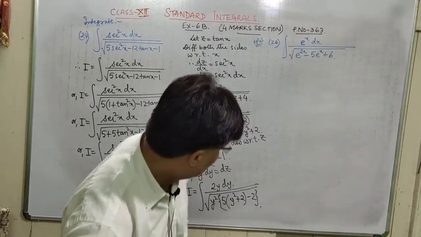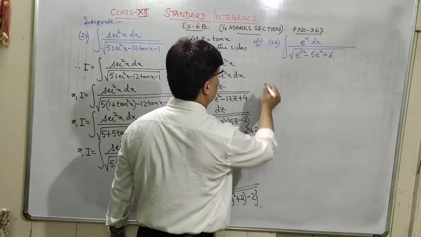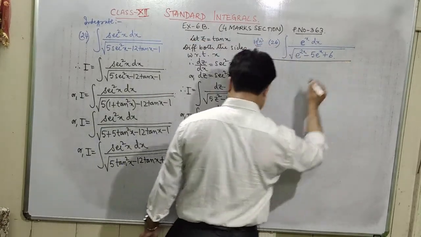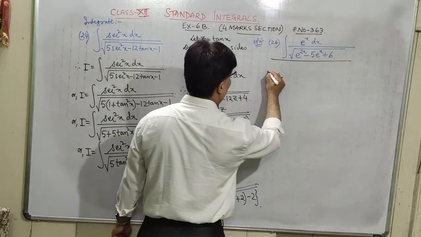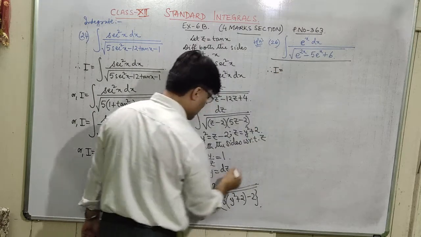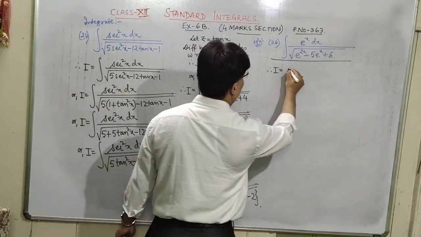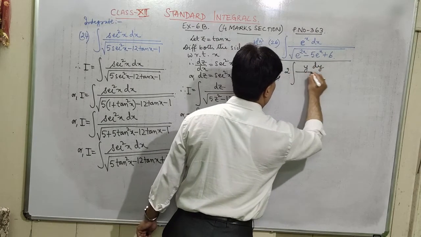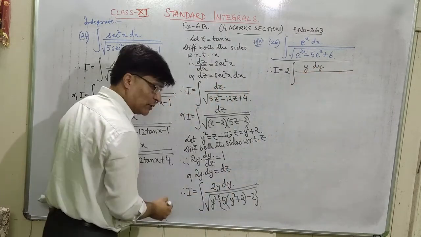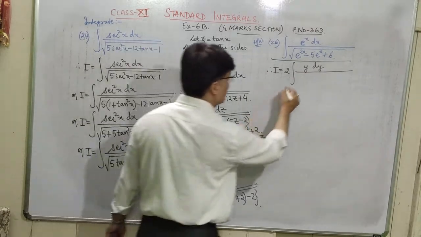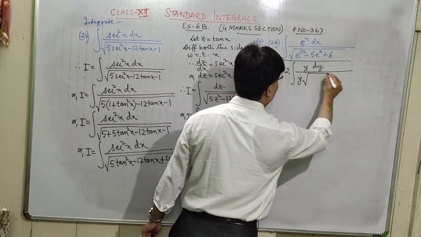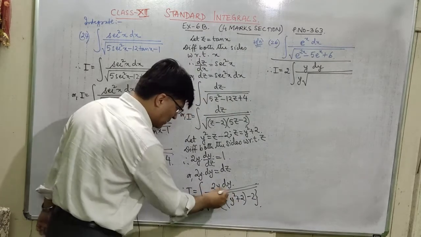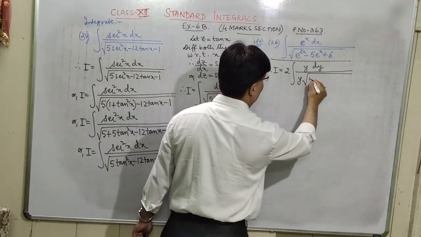So now let us do further simplification. So next, therefore I is equal to, here 2 is constant taken outside, 2 integral sign, this is y dy divided by, in the denominator, what is square root of y square? That is your y. Then within square root, let us multiply it, 5y square plus 10.